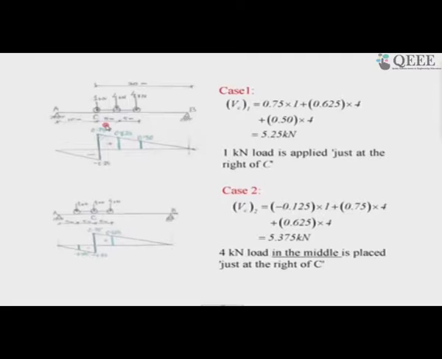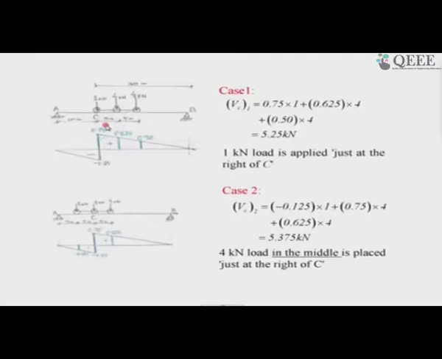So, we have drawn the influence line diagram below it. We know that the net total effect for each load will be accounted for by the load multiplied by the ordinate of the influence line diagram, and by the superposition principle we can add up those three effects. We can sum up all these effects provided we take care of the signs.